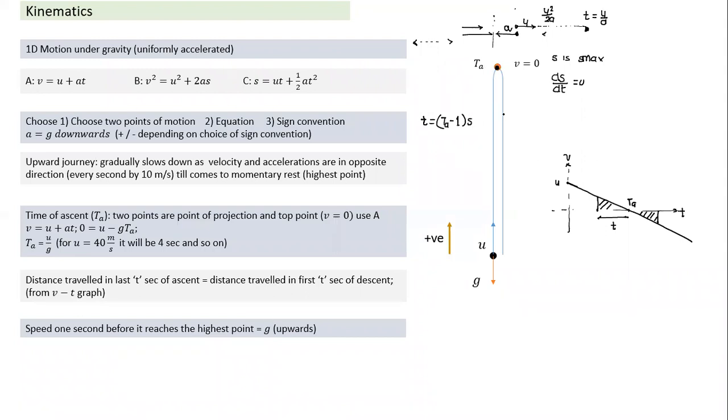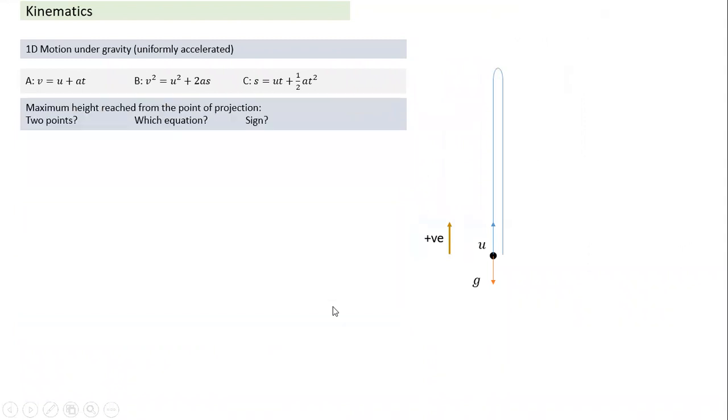And 1 second after it reaches the top point, it will be g downward. So what will be the velocity t seconds before reaching the top point? It will be t into g. This is pretty simple, but I mention this point just to clarify your thought process and give you better insight into this.